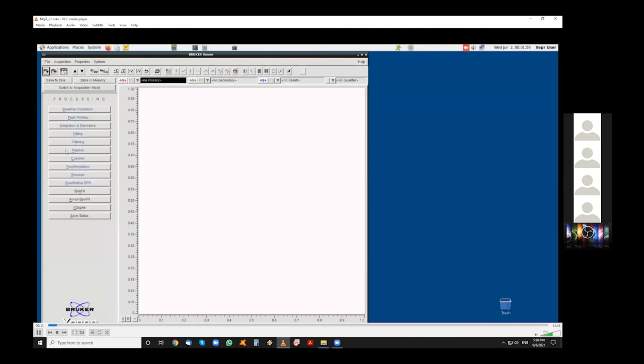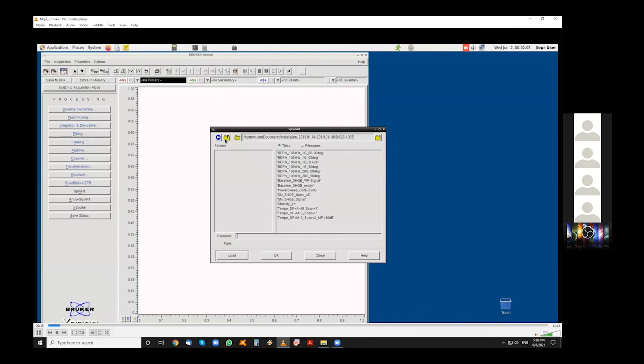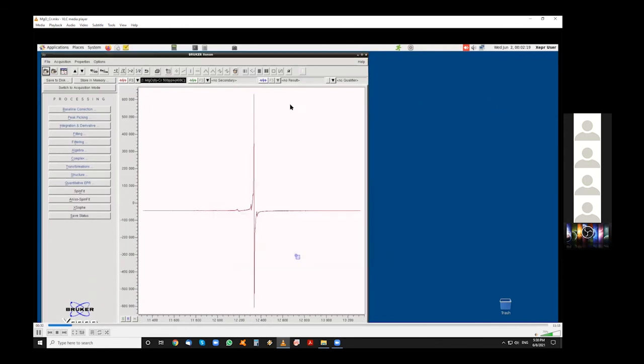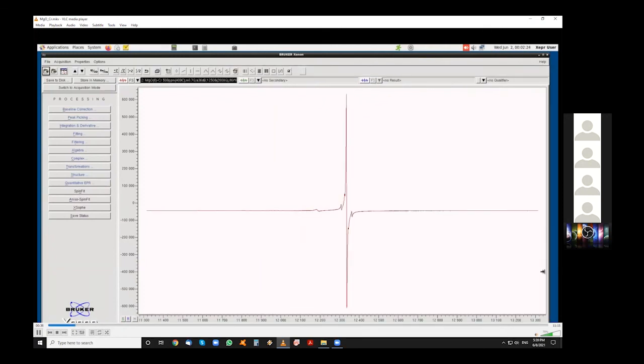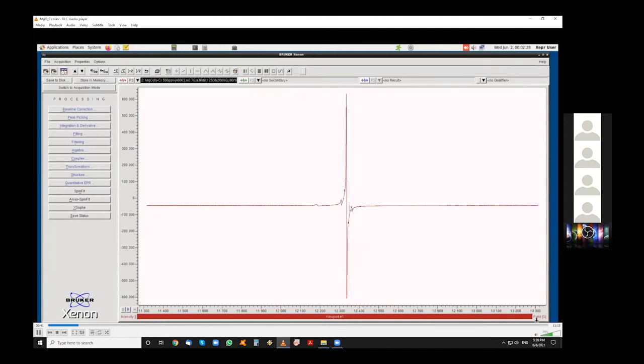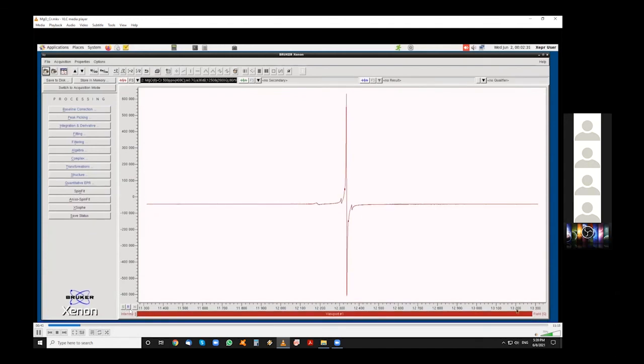In nature, chromium has 4 stable isotopes, 3 of them with nuclear spin 0, and 1 with nuclear spin 3/2, and a natural abundance of 9.5%. So we will start our, you may see the spectrum here now. This is recorded in the Q-band.